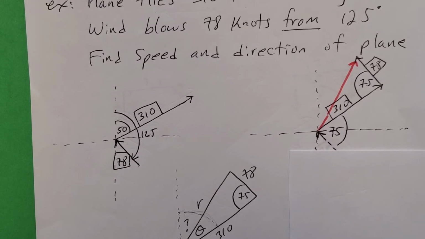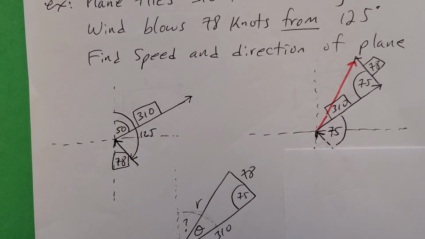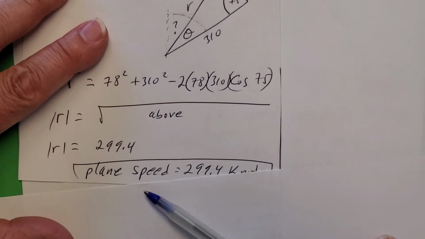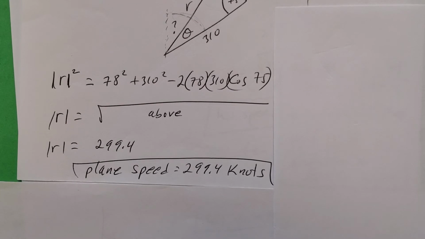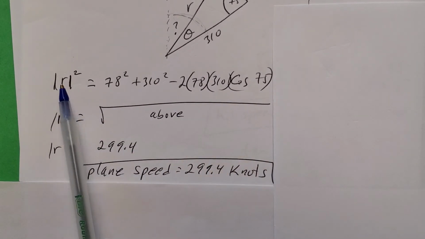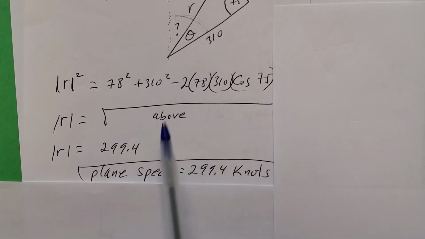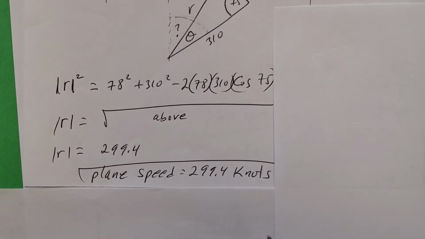I'm looking for r, so I have to square root both sides and use the calculator, and you're going to get 299.4. So R squared is equal to all this, so R has to be equal to the square root of all that, and it comes out to 299.4. So the plane speed, I found it, is 299.4 knots.